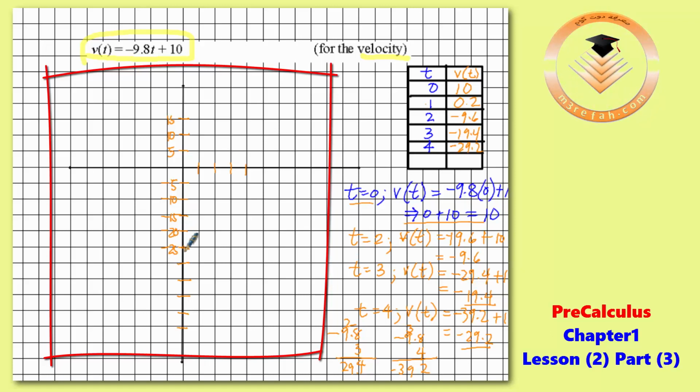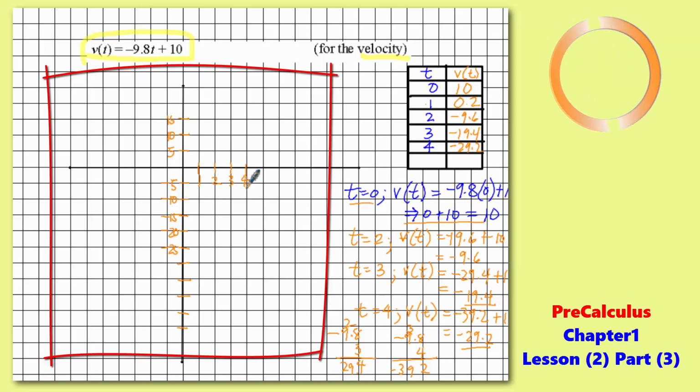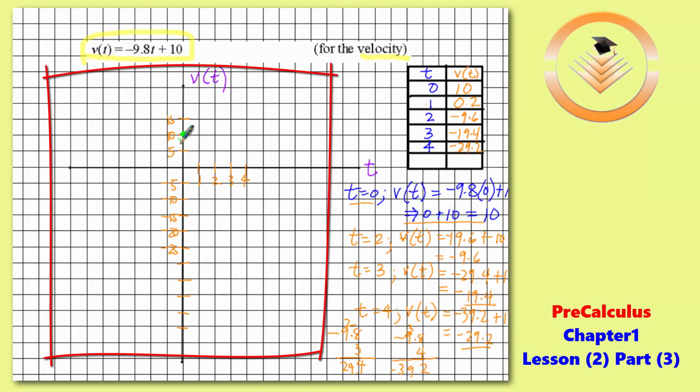So this is our t: 1, 2, 3, 4, and this is our v of t. If our t is equal to 0, we have 10, so it's somewhere here. If we have 1, it's 0.2, so it's close to 0.